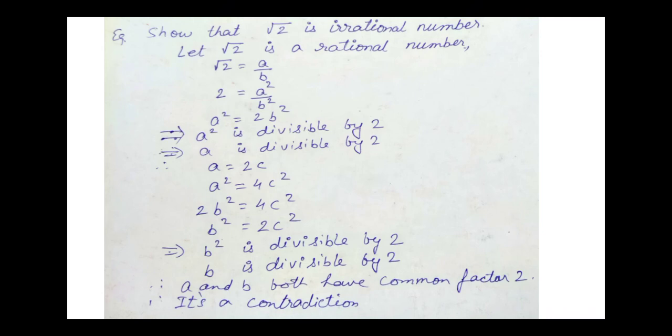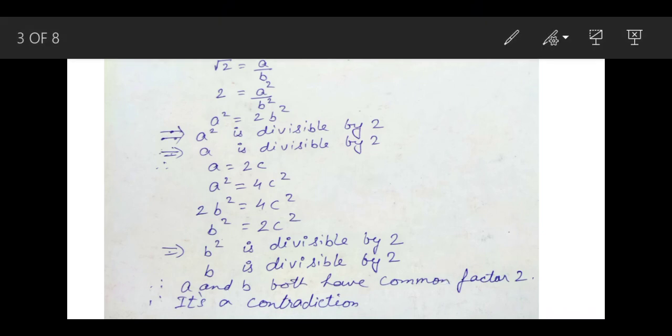On squaring, root 2 will become 2 and a by b will become a square upon b square. So the value of a square will be 2 times b square.